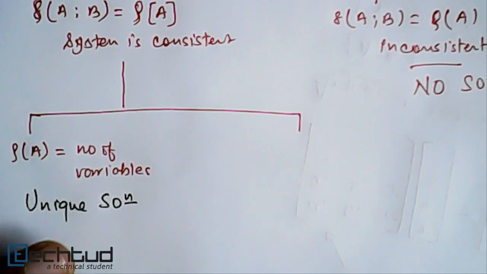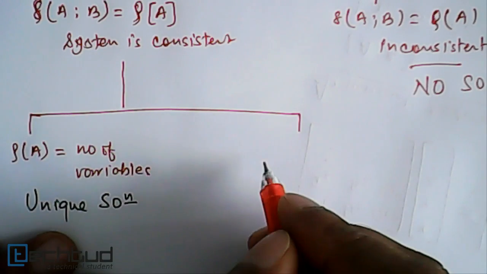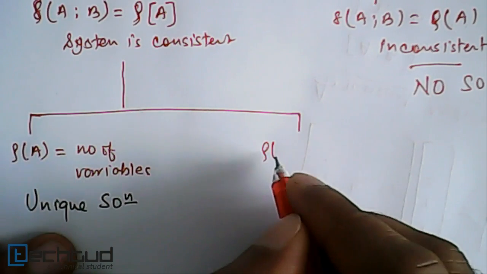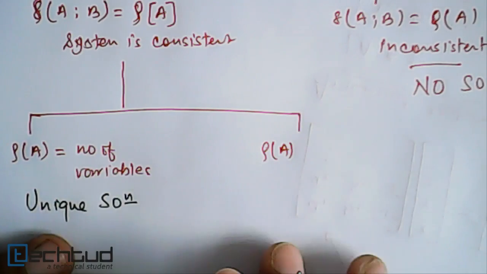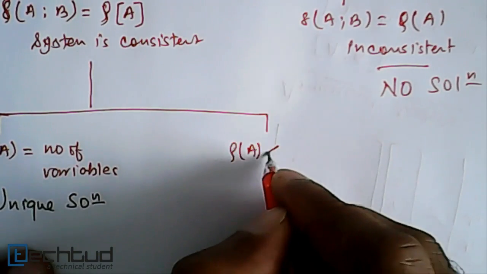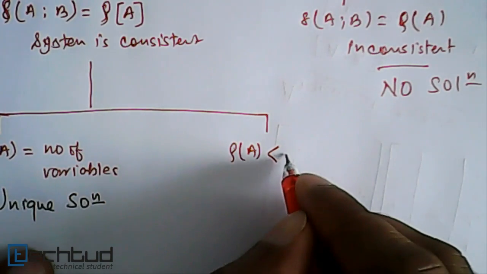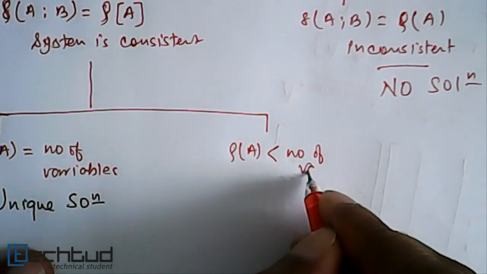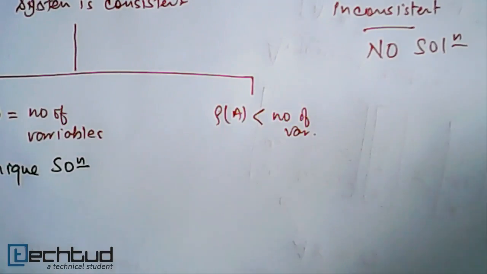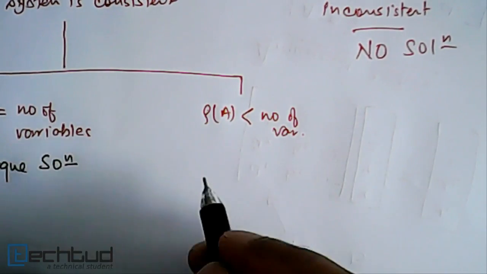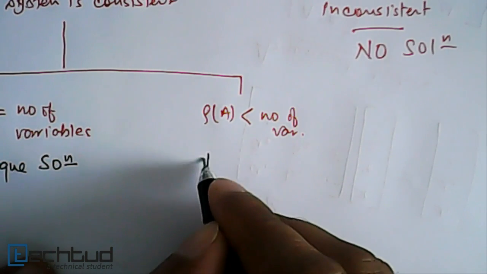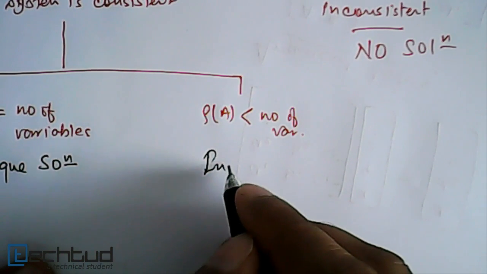But if the rank of A is less than the number of variables, then there will be infinite solutions.